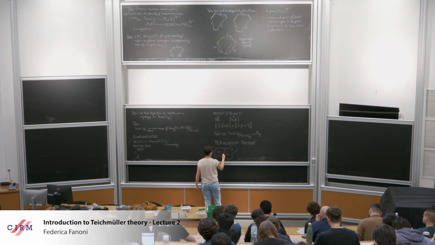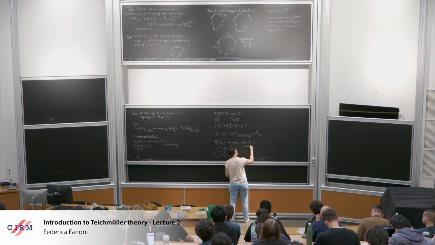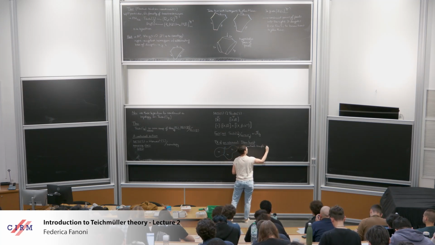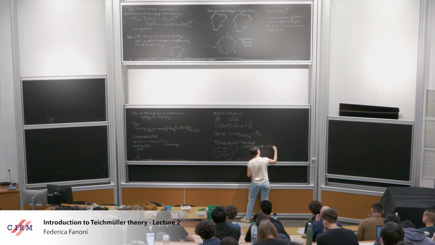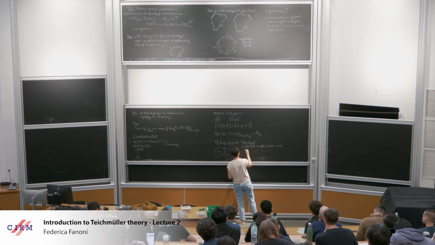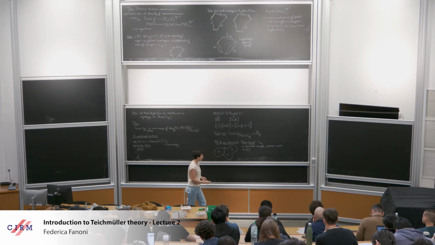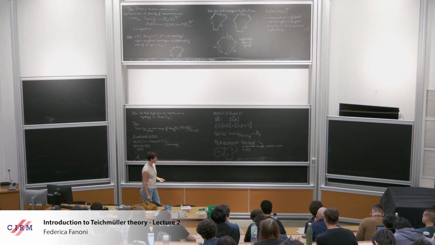Say, for instance, this one, an essential simple closed curve. Okay, so actually, this will depend on the homotopy class of that, and the Dehn twist is usually denoted tau of a. Sometimes I'm going to just write tau of alpha.